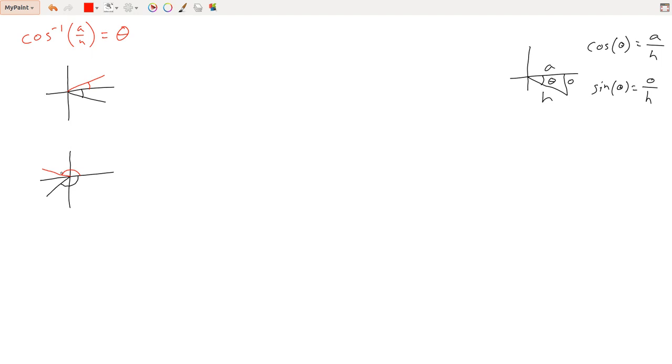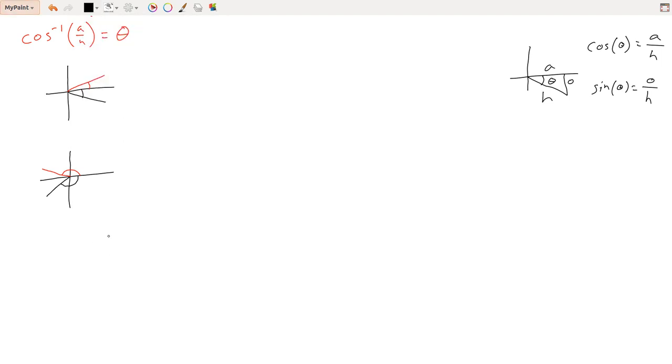When we use the inverse cosine function for a negative value, there are two angles that could satisfy that equation, and the calculator is going to assume that our angle is in the second quadrant. So our angle actually could be in the third quadrant or the second, but the calculator is going to assume it's in the second quadrant.